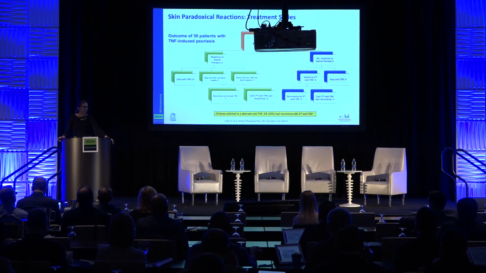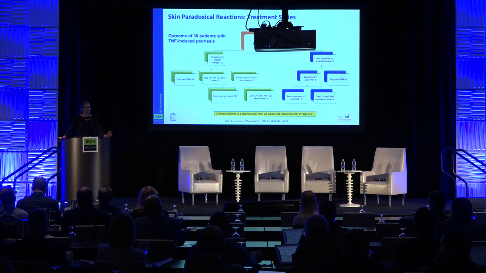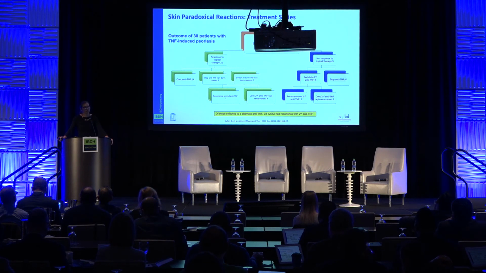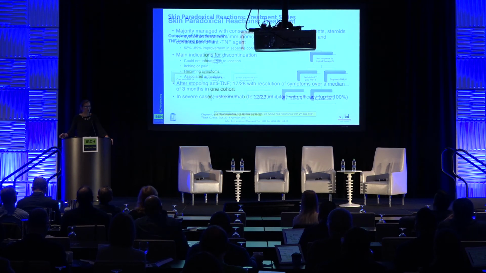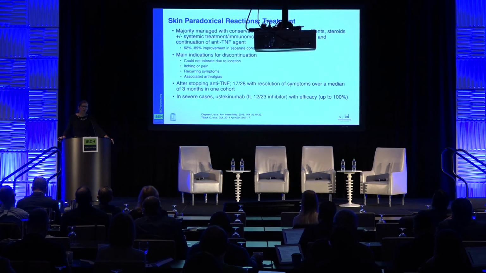And so in this treatment series that I won't walk through, it'll be in your slides, I really want to emphasize that with a second anti-TNF, anywhere from 25 to 50% of patients will recur, so it may not be in our best interest to switch to an alternate TNF. The majority are really managed with conservative treatment. The main indications for discontinuation are really that the patient couldn't tolerate it due to the location.